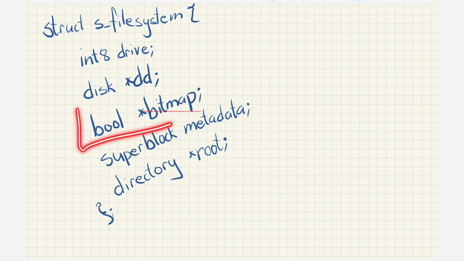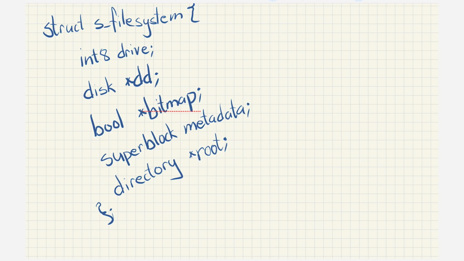Then we will have a bitmap. So this will be an array of booleans which will contain one boolean per block on the disk. So if it's true, the block is in use, and if it's false, the block is not in use. So we can use this to, in an easy enough kind of way, locate blocks that we can use.